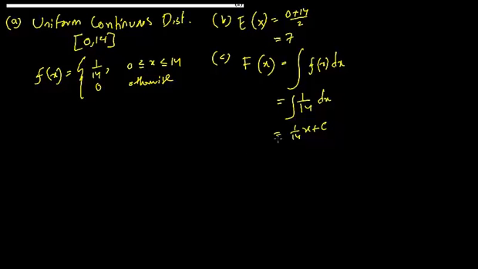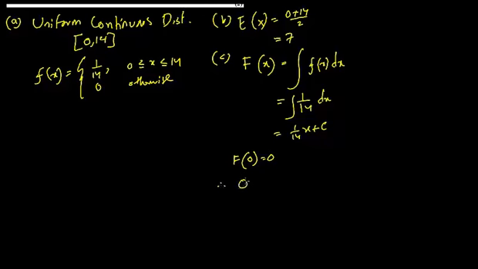The rule is F at the lower limit, which is 0, equals 0, or F at the upper limit, which is 14, equals 1. Whatever you want, you can use. I'm going to use F of the lower limit equals 0 because the total probability is 0 at the lower limit.